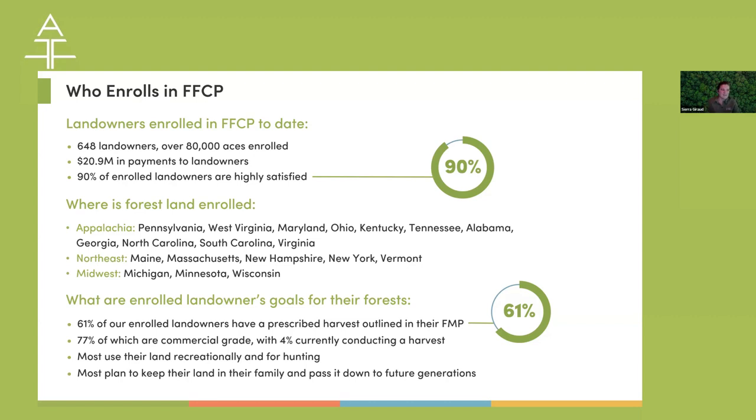Currently we have about 14,000 acres enrolled, and just shy of 100 landowners in the Northeast. We service Maine, Massachusetts, New Hampshire, New York, and Vermont. Nationally, we also have states serviced in the Midwest, the Appalachians, and the Southeast region.